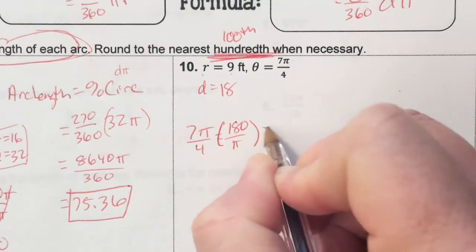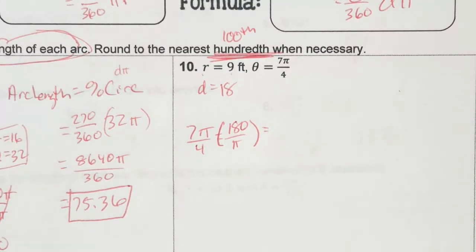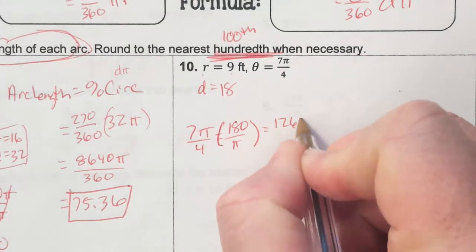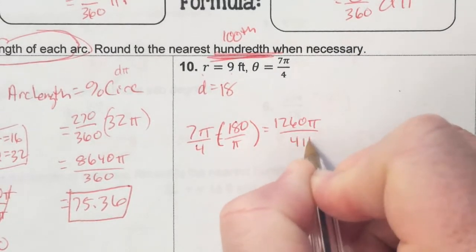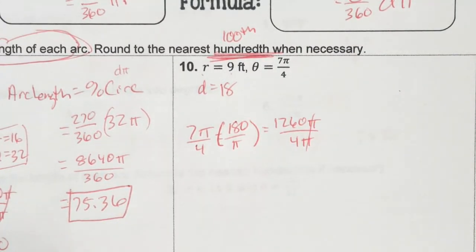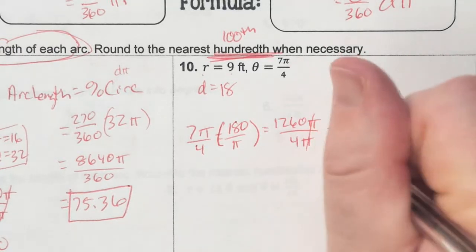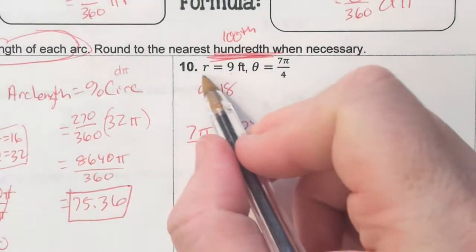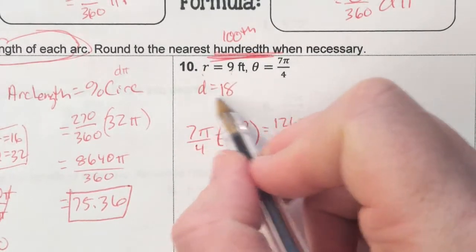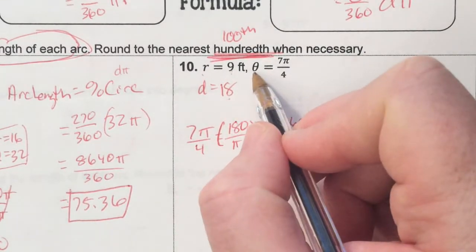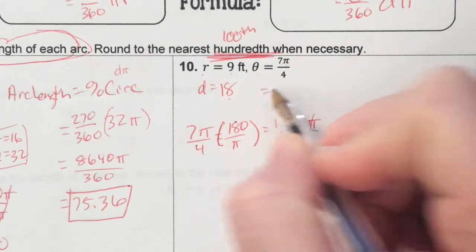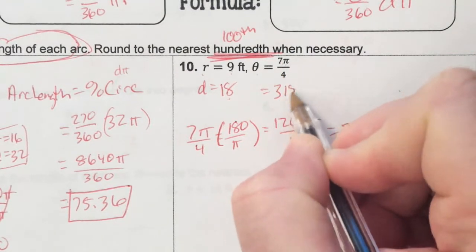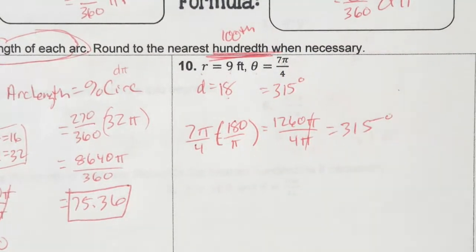All right, 7 times 180, we get 1260 pi over 4 pi. Pi's cross out, and you pop out with 315. So that's degrees. So we have the radius is 9, the diameter is 18, our angle is 7 pi over 4, or in other words, 315 degrees.